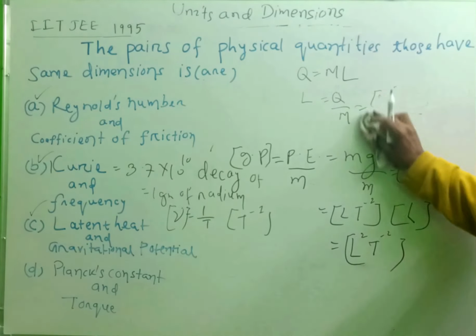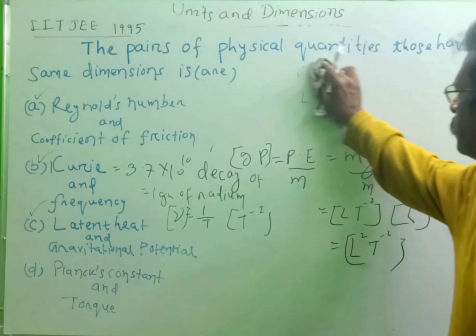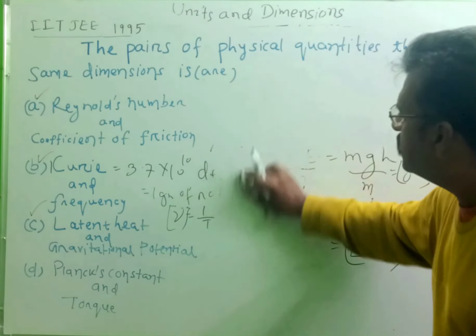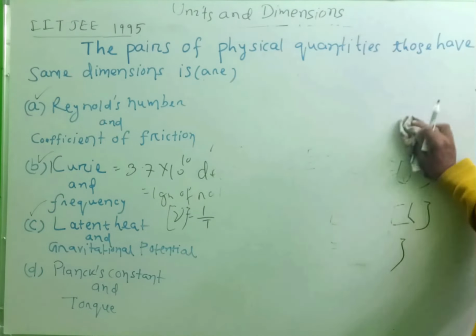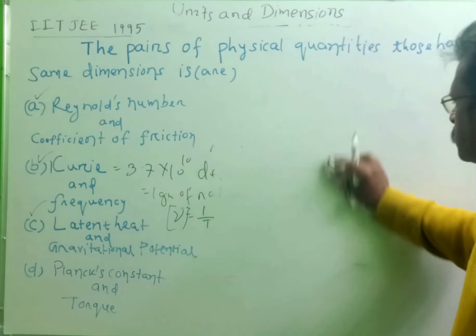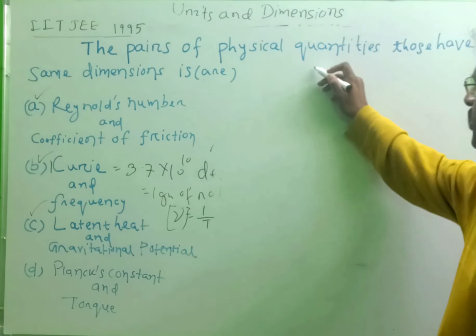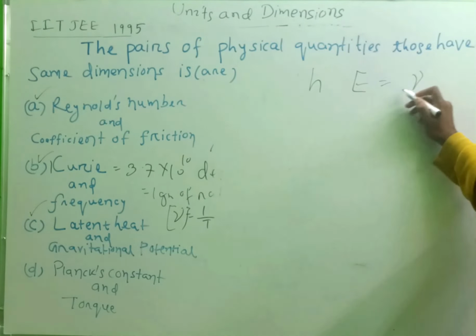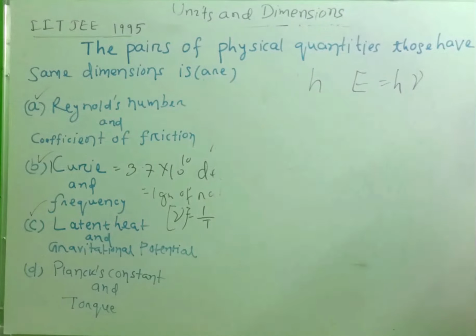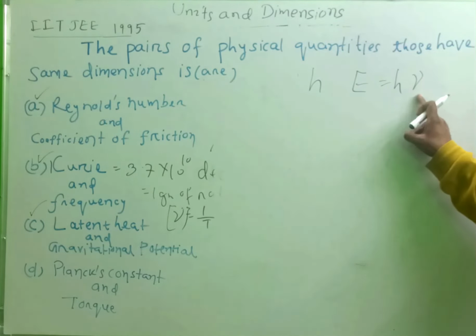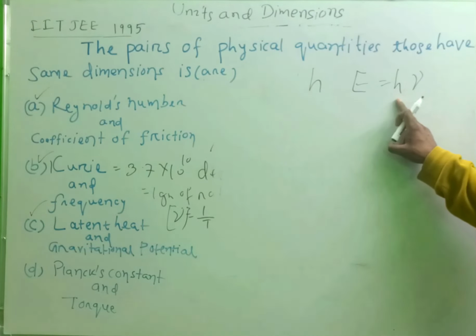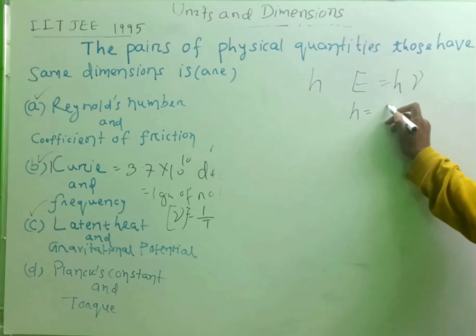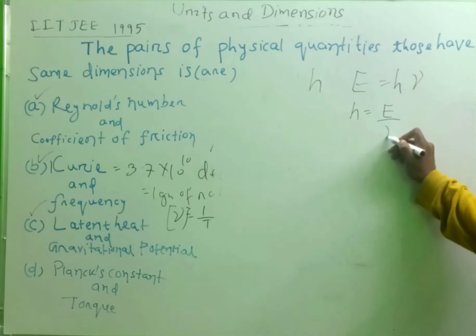Let us see the fourth option, that is, students, Planck's constant and torque. We know Planck's constant is denoted by h, and the relationship between energy and frequency of the radiation, or a quantum or a photon, is given by E equal to h nu, where E is the energy of the radiation, nu is the frequency of the radiation, and h is Planck's constant. From this we get, student, the formula for Planck's constant is equal to E by nu.